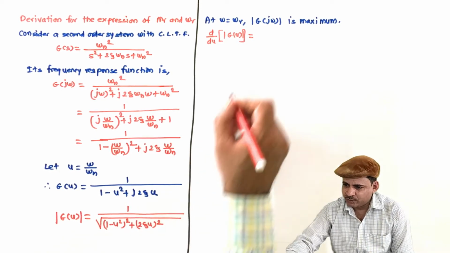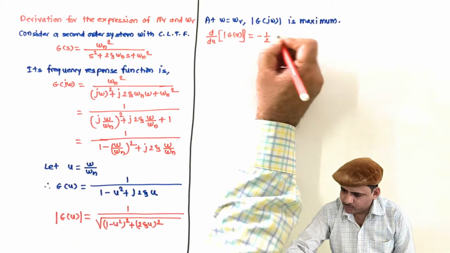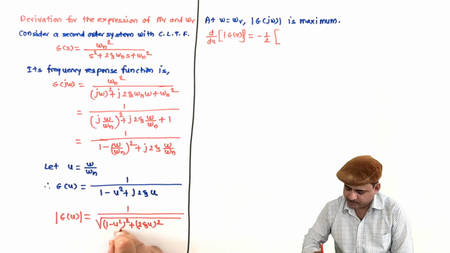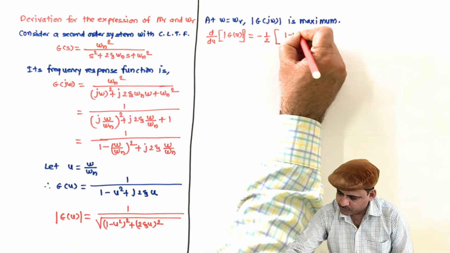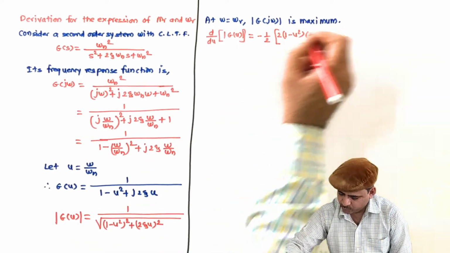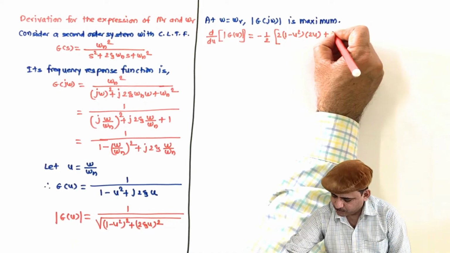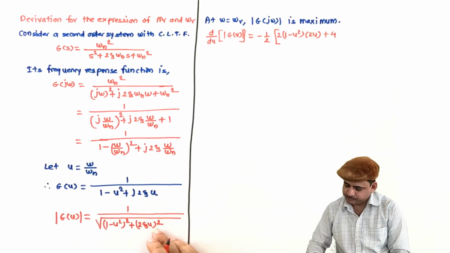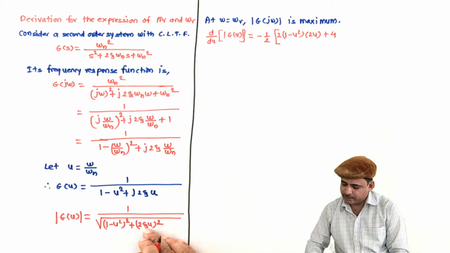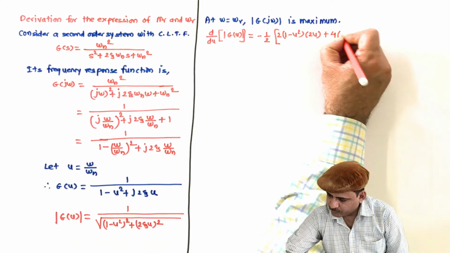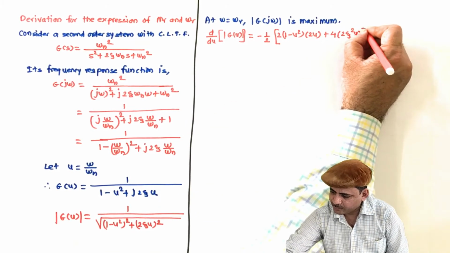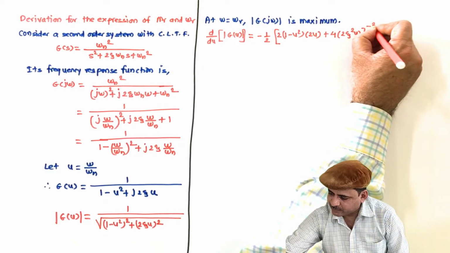And when we take its derivative, it will be minus 1 by 2 in the bracket, this part first, 1 minus u square, this 2 will come here, then into derivative of u square is 2u, plus 4 into 2 zeta square u, and that will be raised to minus 3 by 2.